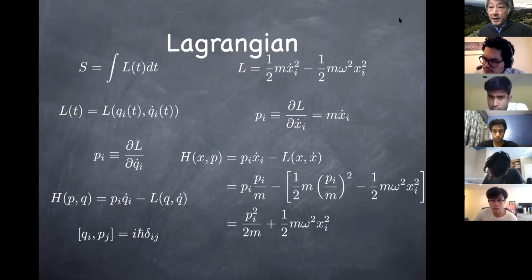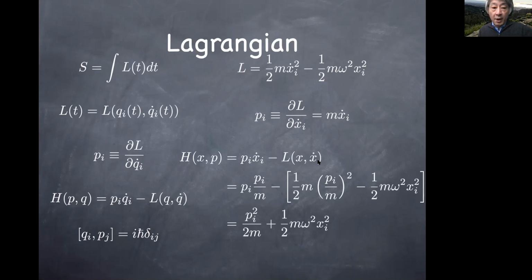And do the same thing here. So L(x, x dot), which is the original Lagrangian up here, is written down here exactly the way it is, except that I eliminate x dot in favor of p over m. So this is p x dot minus L, but now it's written as a function of x and p.